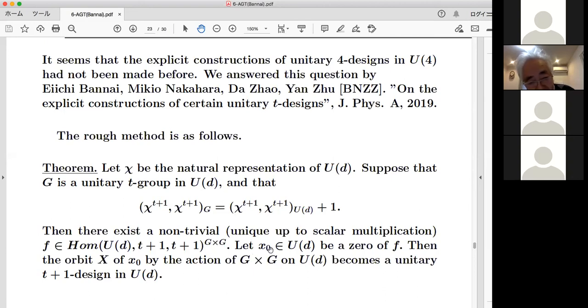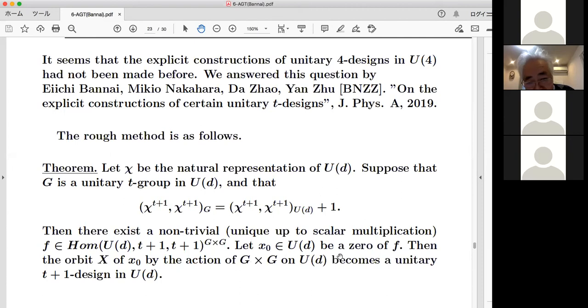And this is a function on UD, and let x naught be any zero of this function f. There is a guarantee that such x naught exists, and we can find them explicitly.